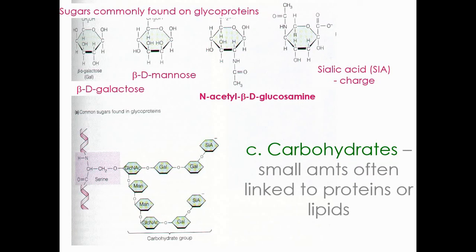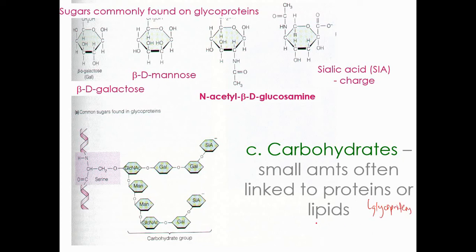So as you know, we also have carbohydrates present in the cell membrane, diba? Mostly these carbohydrates are linked to proteins. That's what we call glycoproteins. If they are linked to proteins, they are called glycoproteins. Glyco means carbohydrate.